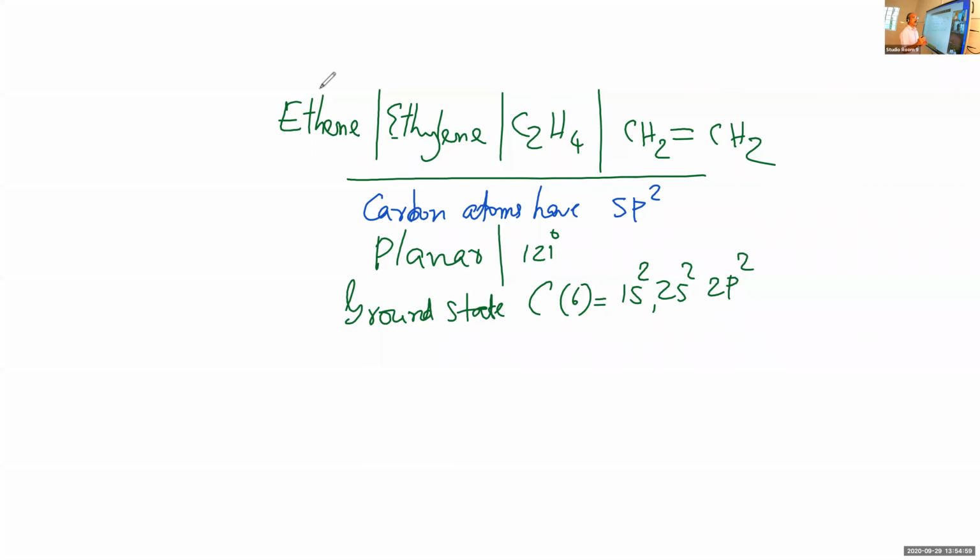Now you show the orbitals. In the 1s, there is one orbital and 2 electrons, which are paired. In the 2s, there is one orbital and 2 electrons, which are paired.